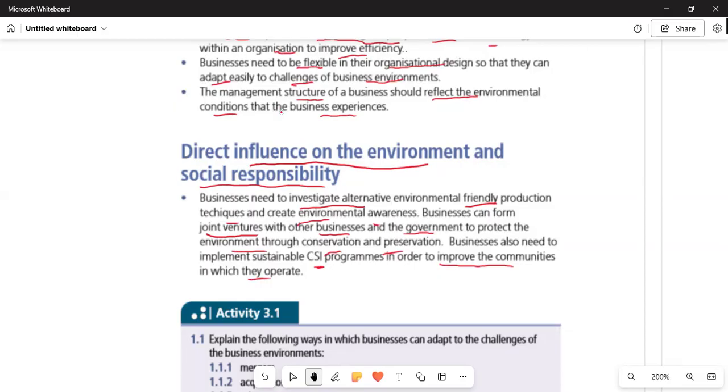That means implementing sustainable corporate social investment programs to improve communities.